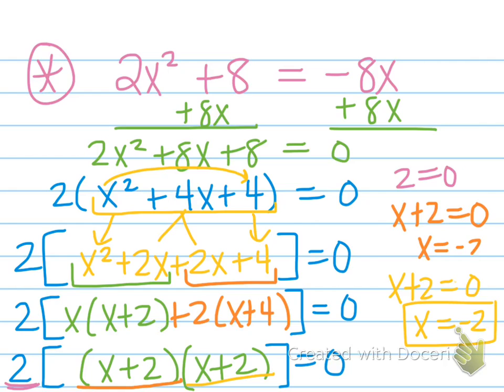That indicates that on the graph for this quadratic, the parabola would have a vertex at x equals negative 2. When I look at my pink equation here, 2 equals 0 is an equation that has no solution. So we still only have 2 solutions to this problem. It's negative 2 with a multiplicity of 2.